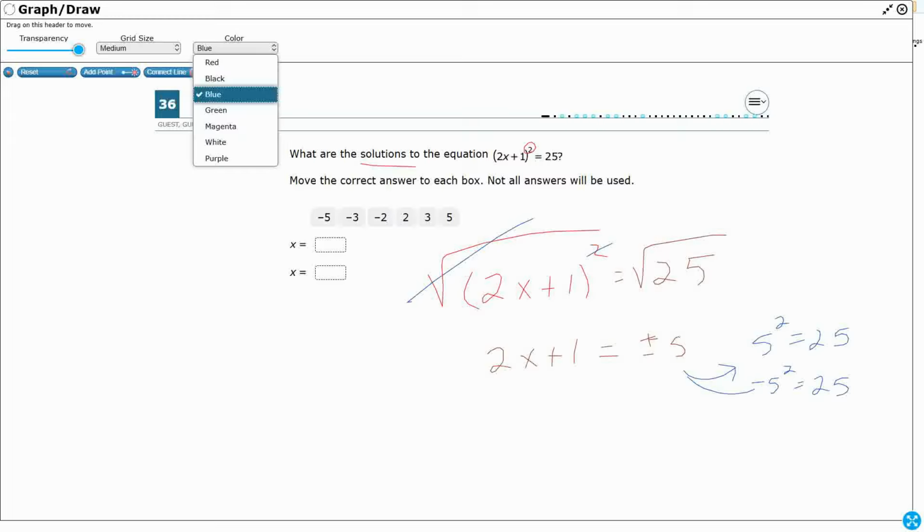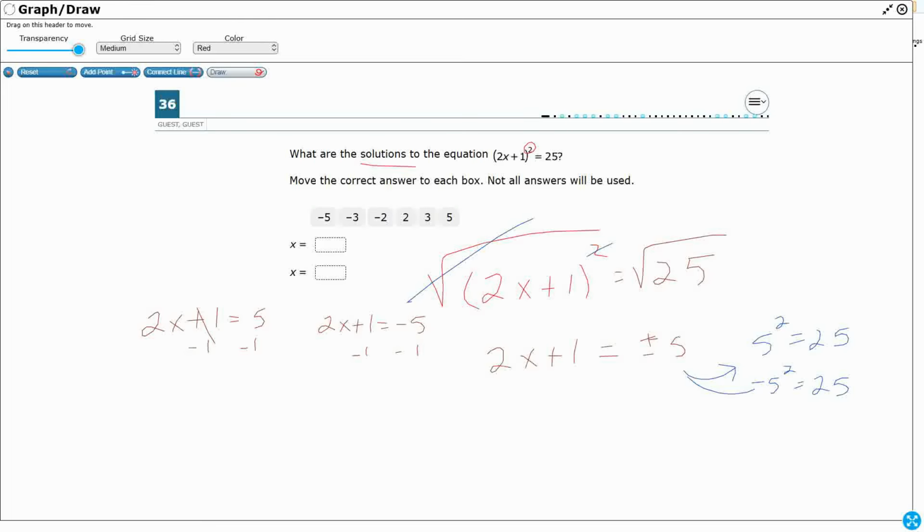So then let's go ahead and split this out into 2 separate equations. 2x plus 1 equals 5, and then 2x plus 1 equals negative 5. We're just going to subtract 1 from both sides in both equations to get that 1 out of there. It's going to be 2x equals 4, and 2x equals negative 6. Divide by 2.